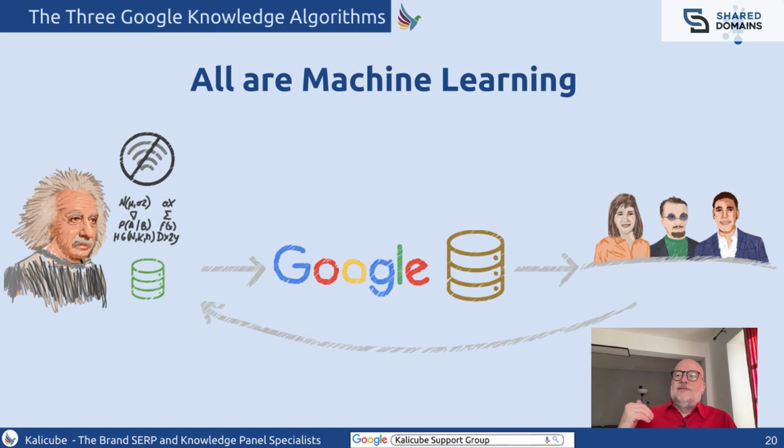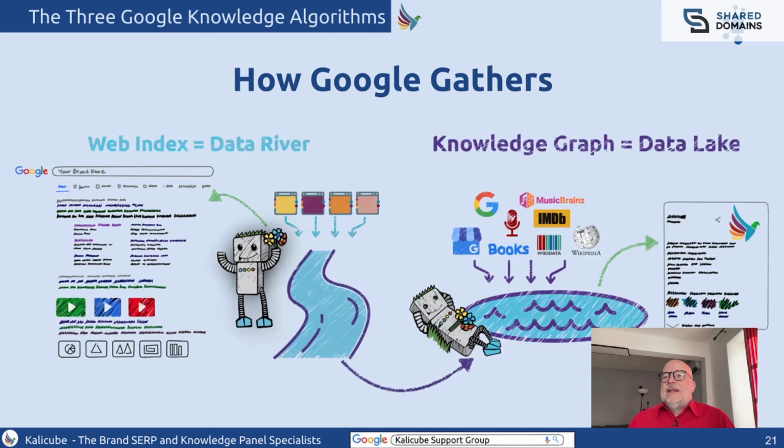So from that perspective, we have a cycle with human beings pushing the machine to create the best experience for Google and Bing's users on a consistent basis in terms of serving their needs, answering their questions, solving their problems, and importantly, providing factually reliable information. And that's where we focus at Kalicube.